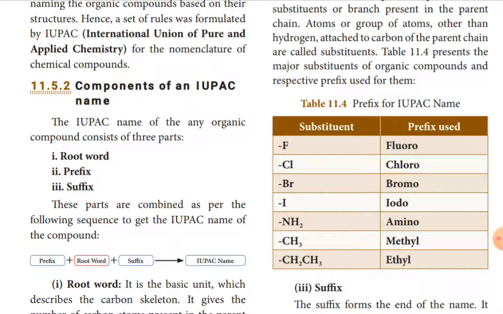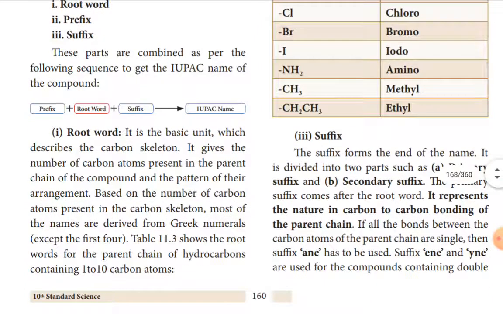These three combine to give the IUPAC name. I already told you, root word is based on the number of carbon atoms in the carbon skeleton. Also we use Greek numeral terms to mention the number of carbon atoms.